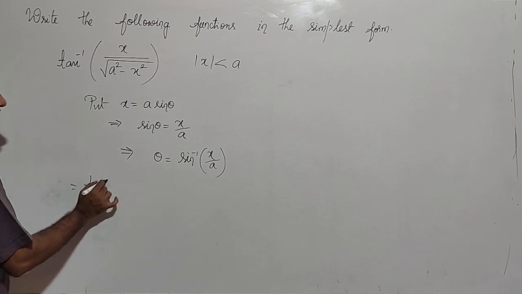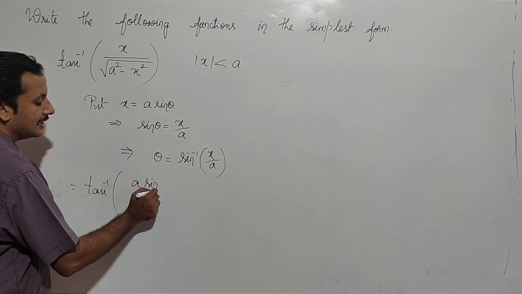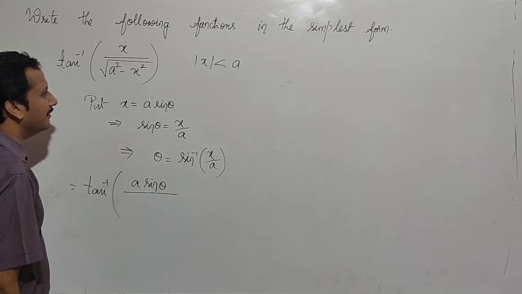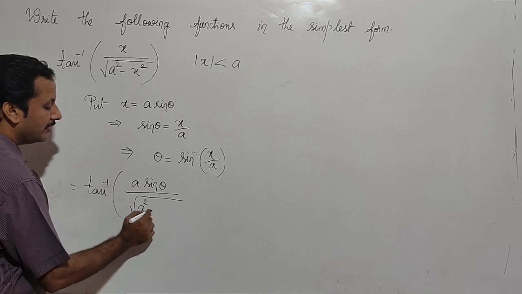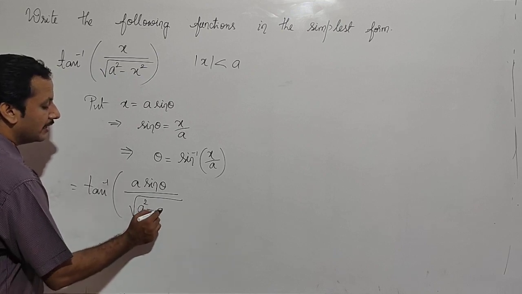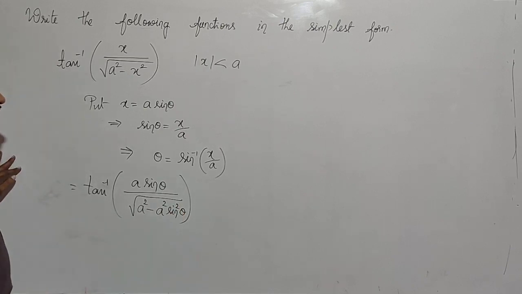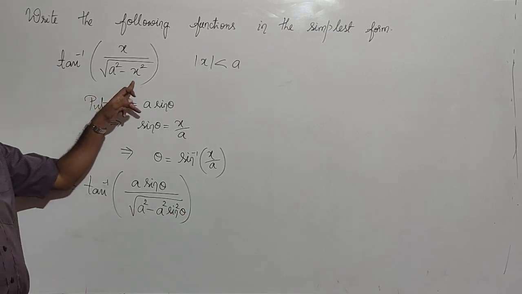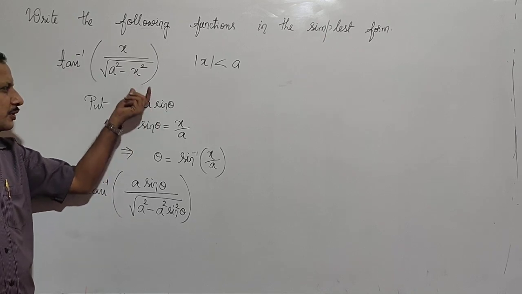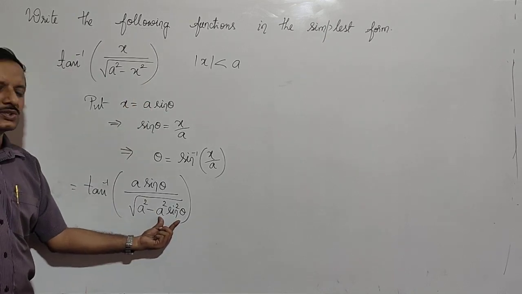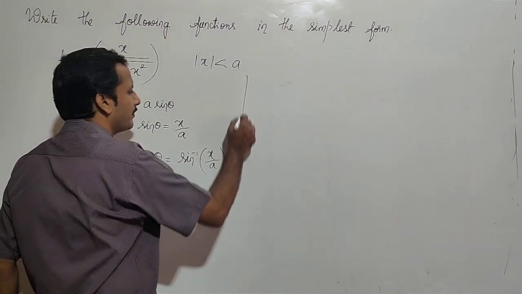We get tan inverse of x. x is a sin theta divided by root of a square minus x square, which can be written as a square sin square theta. In place of x, I am substituting a sin theta, so that will give you a square sin square theta.